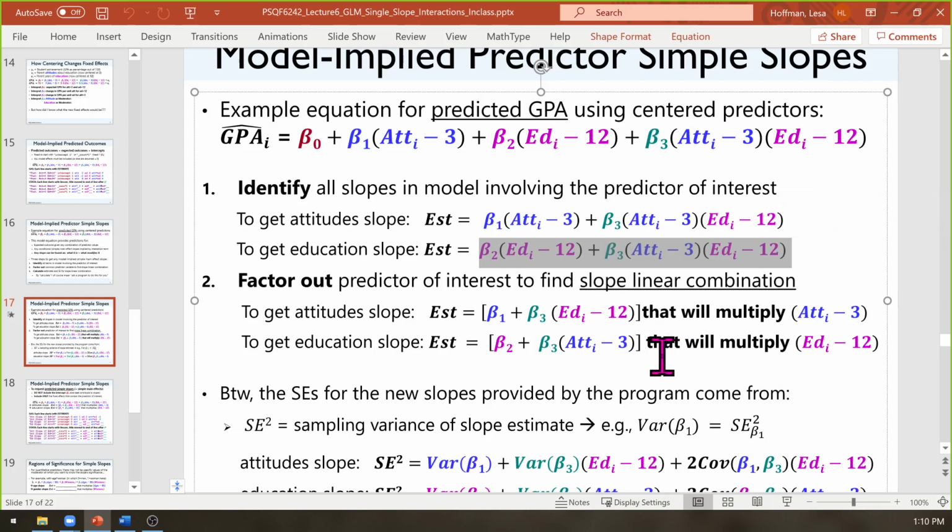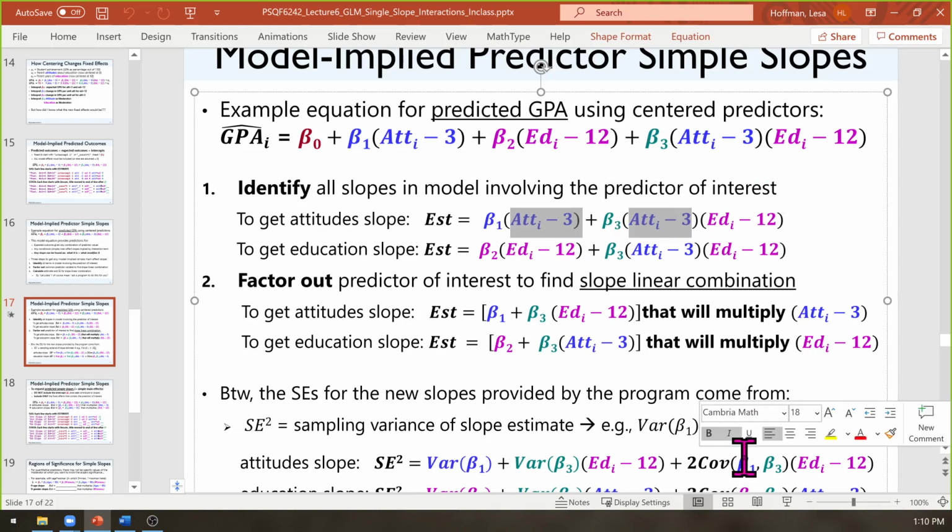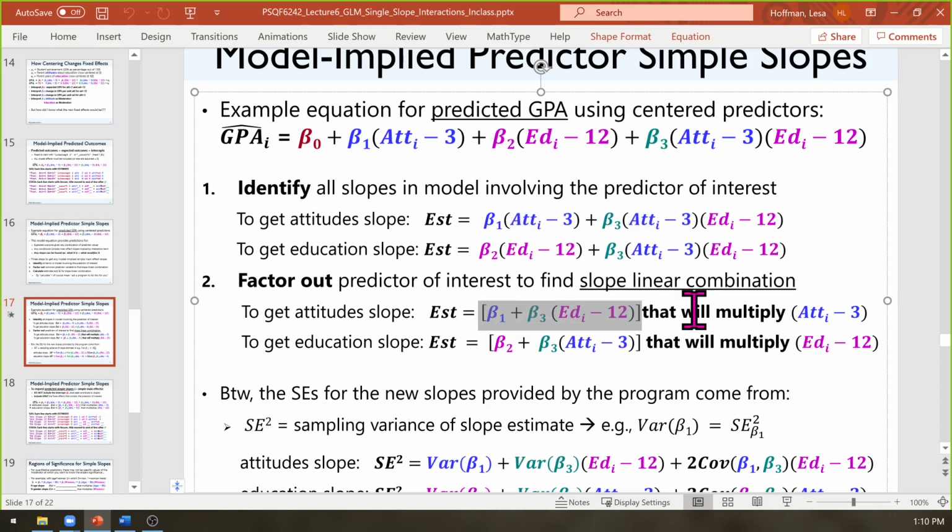And then factoring it out is taking the common term, attitudes in each of these, moving it outside as a multiplier, and then seeing what's left. So right here, the term in brackets is the slope of attitudes, according to this model. It's a linear combination of the main effect slope of attitudes and the interaction term that describes how that effect of attitudes varies as a function of education.